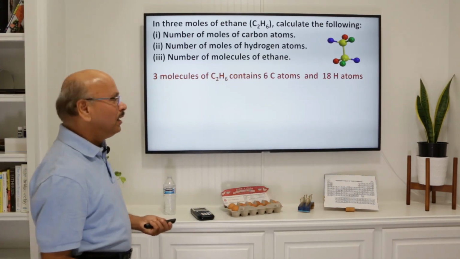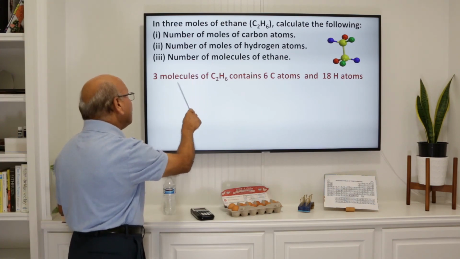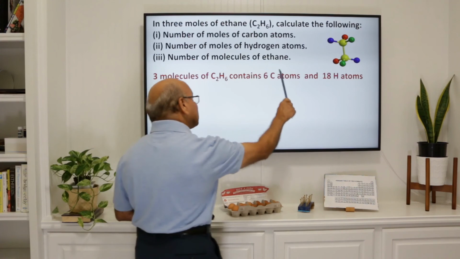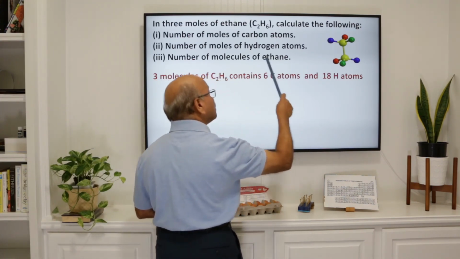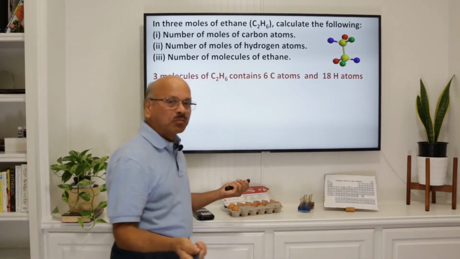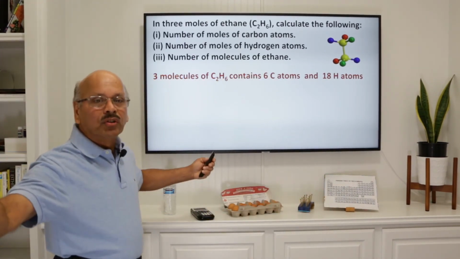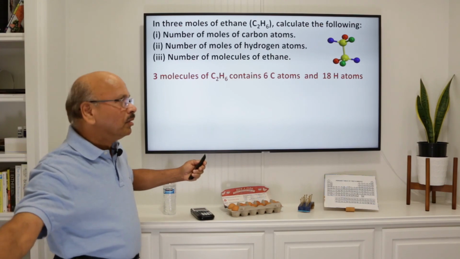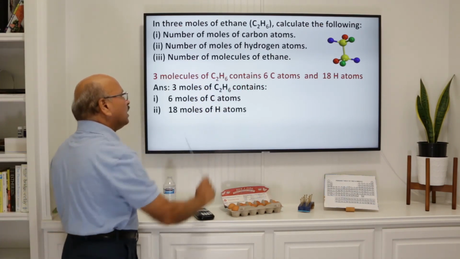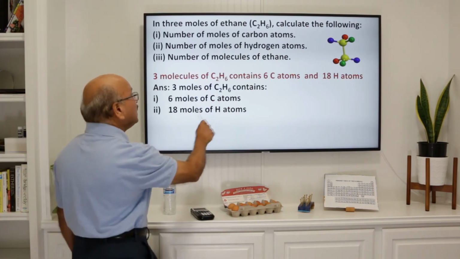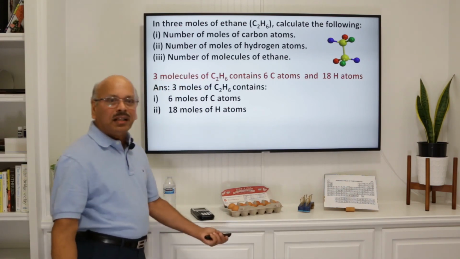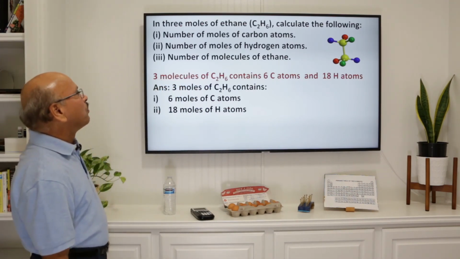So basically, we can change the 3 molecules into 3 moles of ethane, 6 carbon atoms into 6 moles of carbon atoms, 18 hydrogen atoms into 18 moles of hydrogen atoms by multiplying throughout with the Avogadro number. So basically, we can say what? 3 moles of ethane contains 6 moles of carbon atoms and 18 moles of hydrogen atoms. That's the answer for your first question.